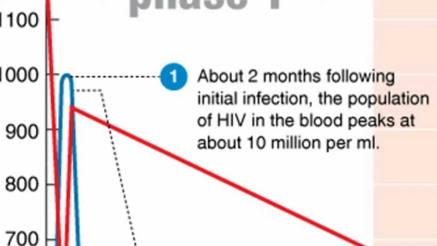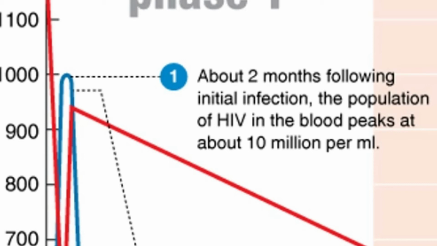Now, this is oftentimes not noticed clinically because people don't go to the doctor. Usually, if people have symptoms of this immune system switch, they feel like they had a severe flu or something like that.